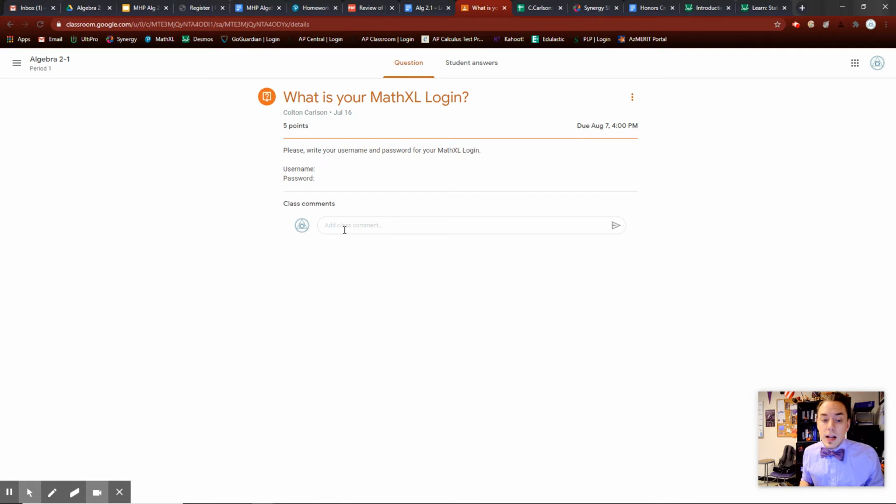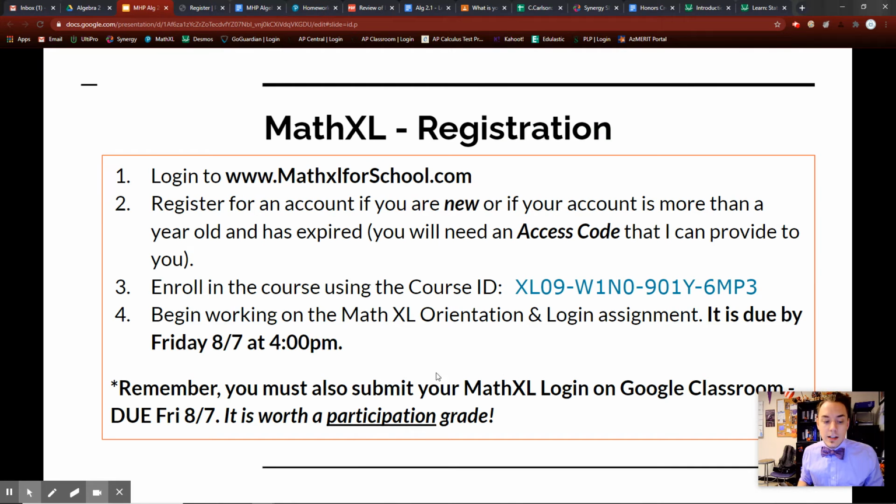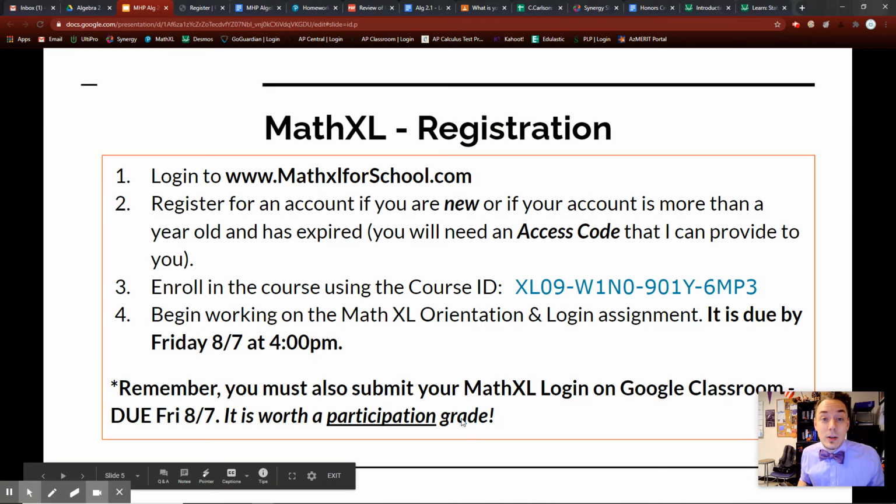Okay. Don't do it as a class comment. I will delete that. Don't do it as a class comment. There is a way. It should be up here somewhere in the top right corner for you to type in your answer. Just type in username this, password that. You're done. Fantastic. If you do that and complete the MathXL orientation, you get a solid 10 out of 10 participation points.